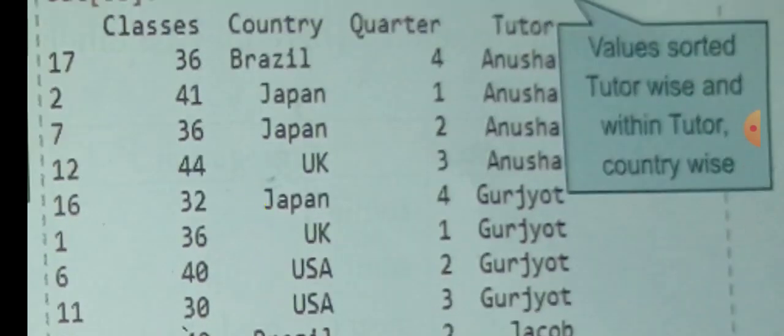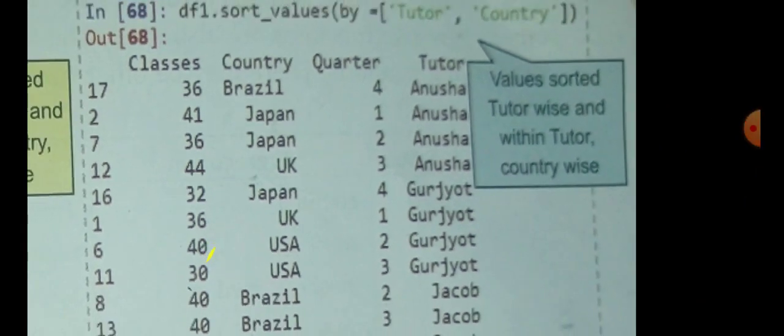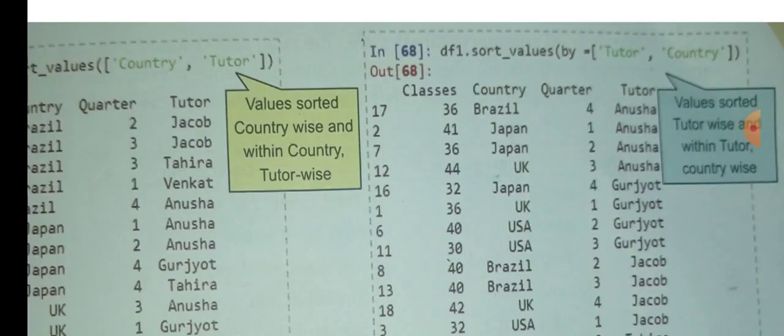So Anusha comes first, then after Gurjot, and then after Jacob, and among different records of Anusha, Brazil comes first, then Japan, then the UK. It means data will be sorted country wise here. Okay, so that is the example that how to sort a data using two different columns names.